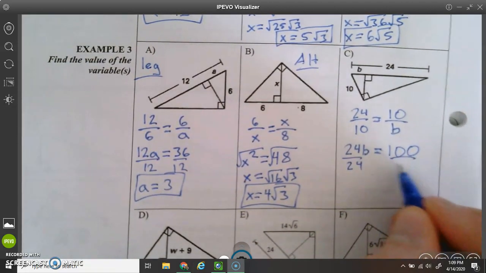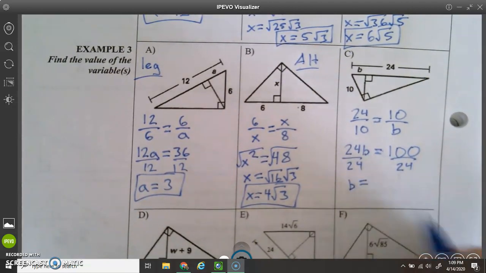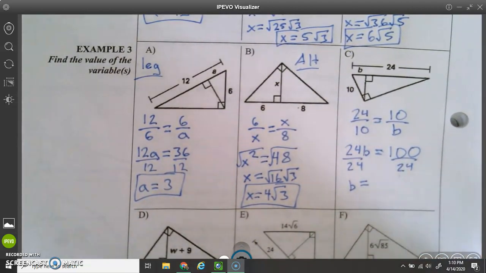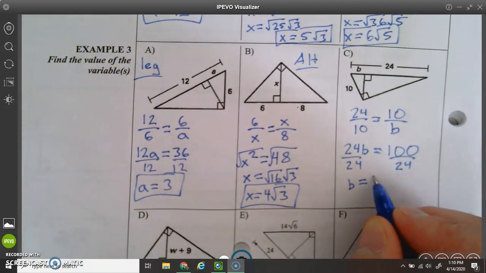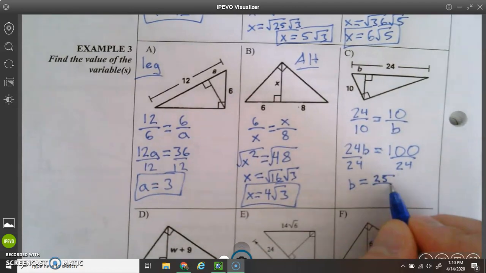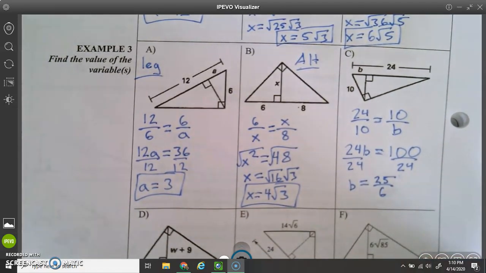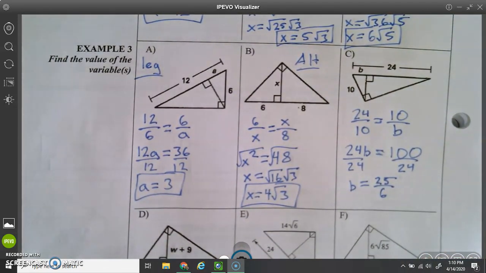Divide by 24 on both sides. That reduces down to 4, so it looks like it's 25/6. Yeah, looks like 25/6 is the exact value.